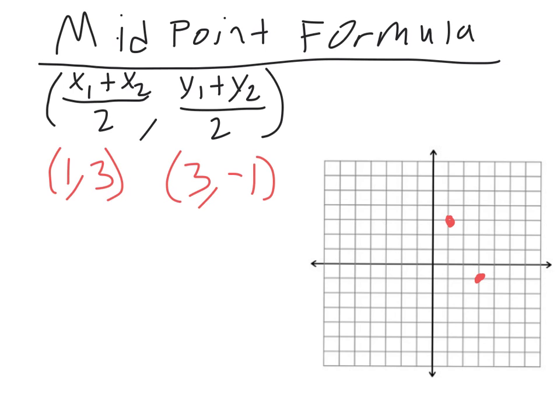So now we plug them into the midpoint formula. x1 is 1 plus x2, which is 3. Just so you know, I'm talking about that 3, not that one. Divided by 2. And the y's, y1 is 3, and y2 is negative 1. So plus negative 1 or minus 1.